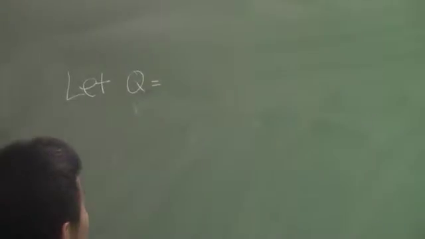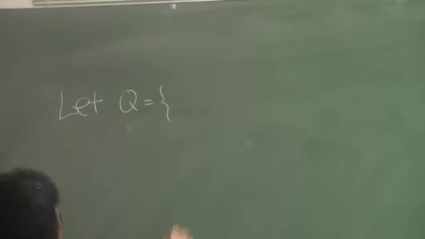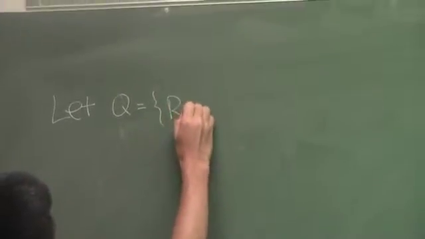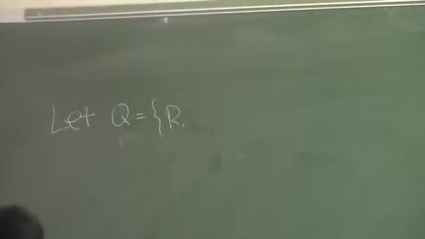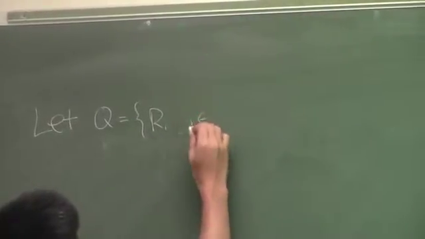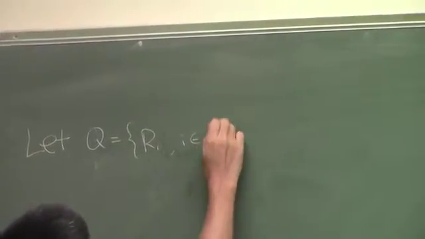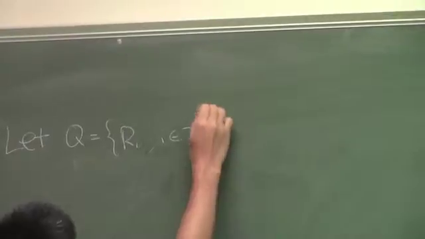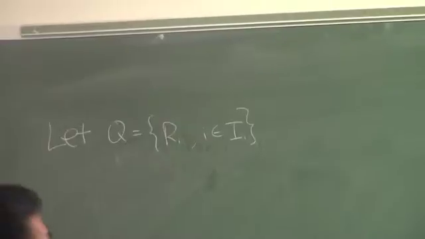Q equals, open curly brackets, R sub i, where i belongs in some index set capital I. Lowercase i is a member of capital I. The capital I doesn't have a subscript, right? Yeah.